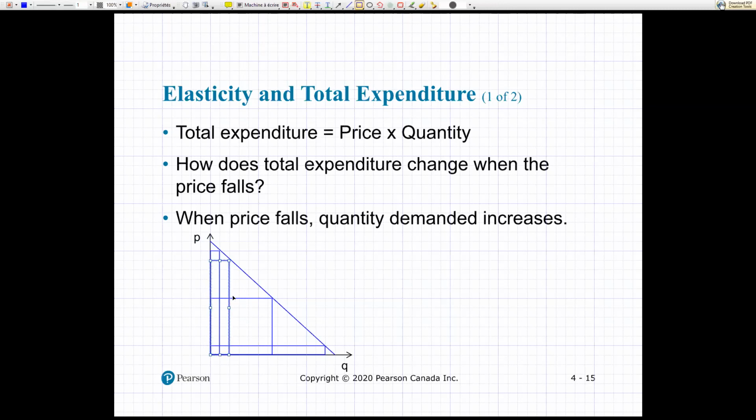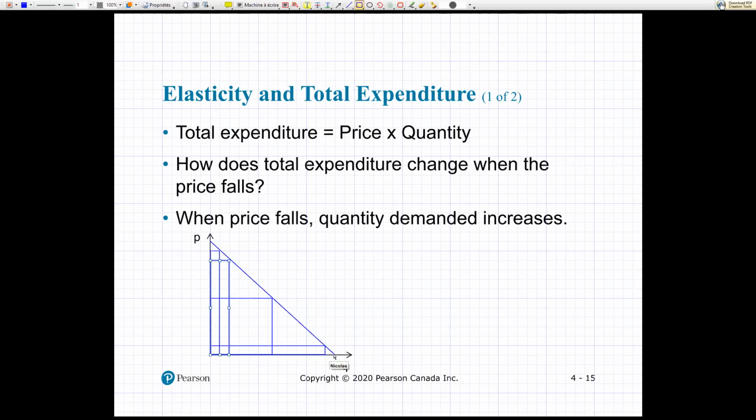And here it's very large. So it's, I don't know, 6 something by 5. So that's a lot of people. And then if I still continue to decrease the price, now I have many customers, but they pay so low that total expenditure is actually starting to decrease at that point.